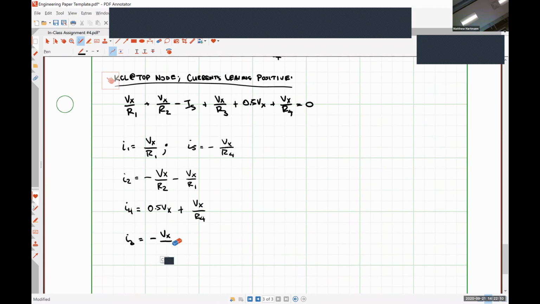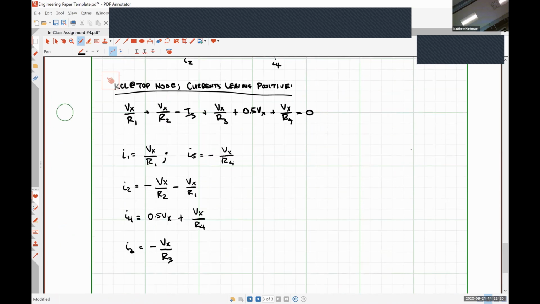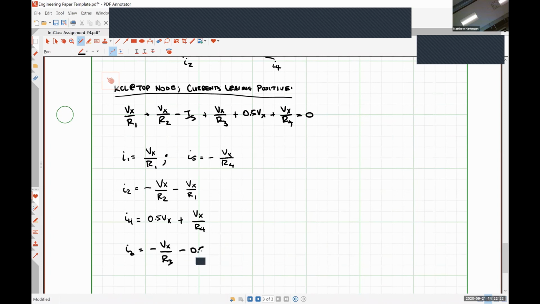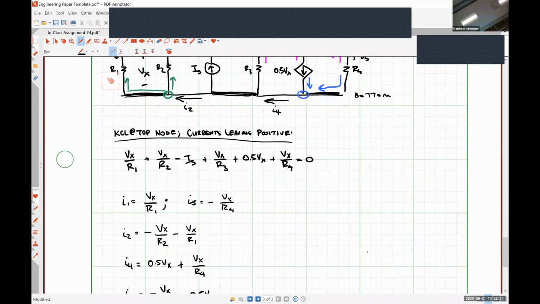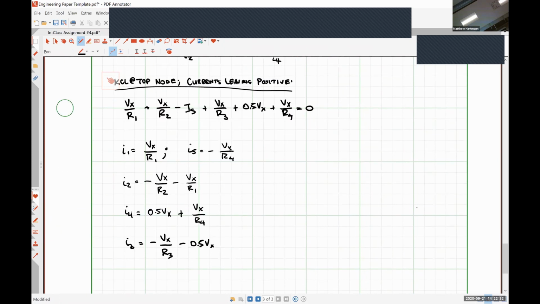That is a B, not an R. What is the current flowing up through the dependent source? All right. And lastly, what is the current flowing up through the resistor R4? Negative Vx over R4.